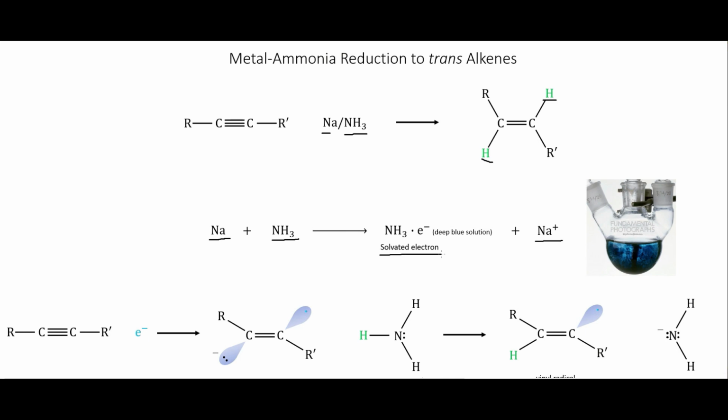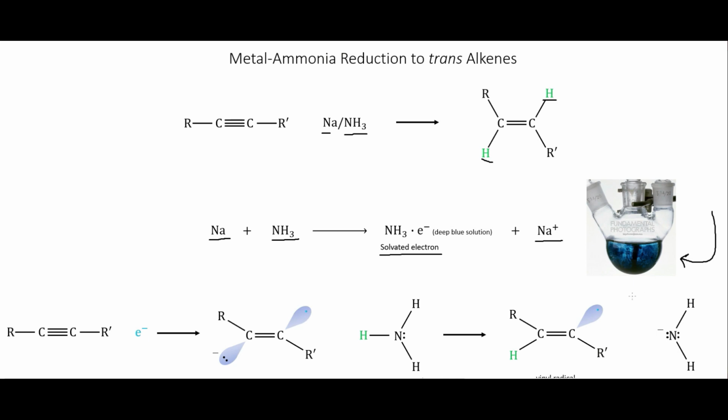So it's essentially an electron that's held in the solvent, similar, I guess, to a proton in Bronsted-Lowry acids. This electron is dissolved in the ammonia, and it makes a deep blue solution. So it actually looks like this. This is what this solution looks like.